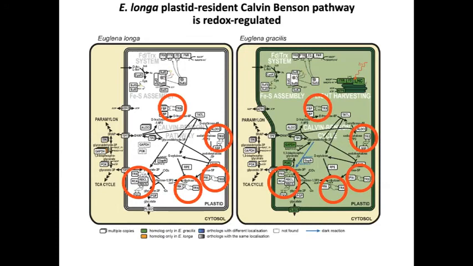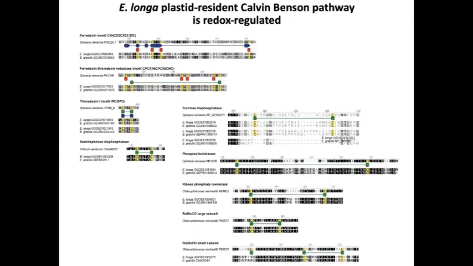As I mentioned, there's an almost complete Calvin-Benson cycle resident in the plastid of Euglena longa, and it seems that at least five enzymatic steps require ferredoxin-dependent activation. This is readily visible also from the alignment, where you can see that Euglena longa always conserves the residues required for the activation.